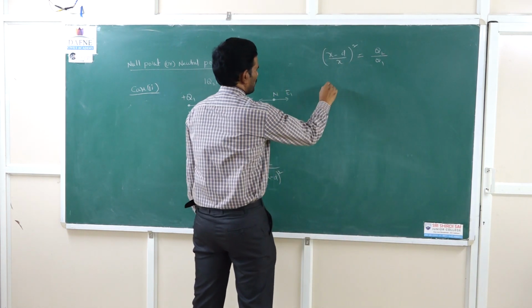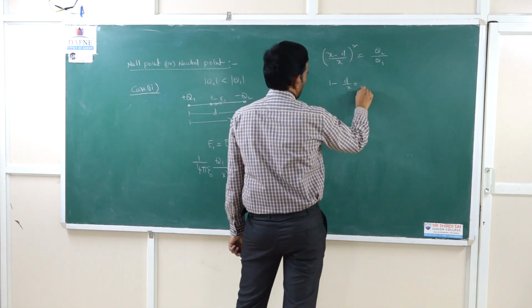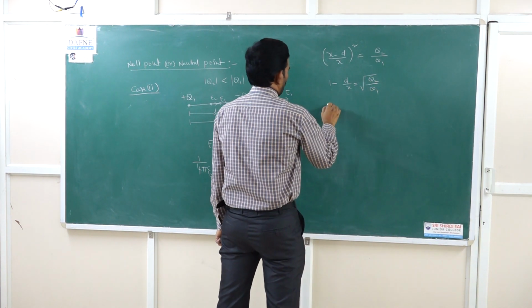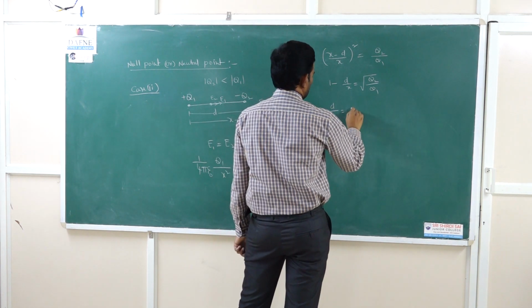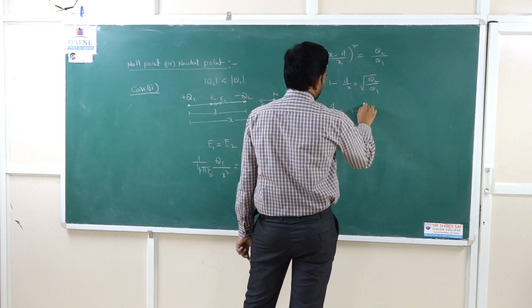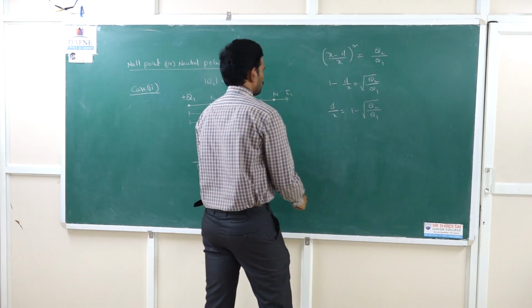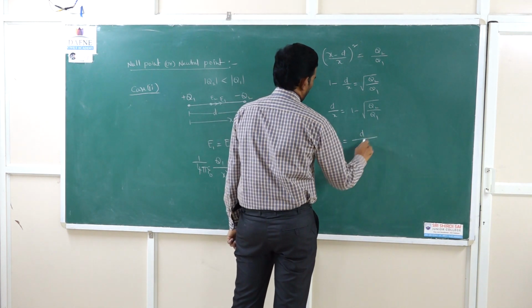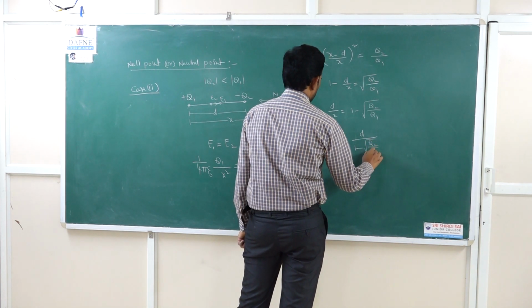So I can write this as 1 minus d by x is equal to root Q2 by Q1, or d by x is equal to 1 minus under root of Q2 by Q1, and therefore x is equal to d by 1 minus under root of Q2 by Q1.